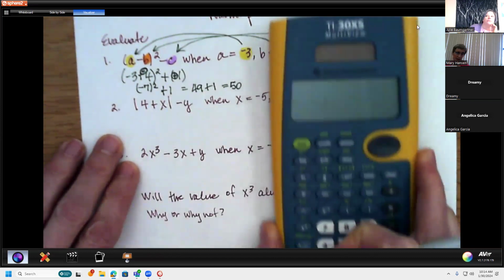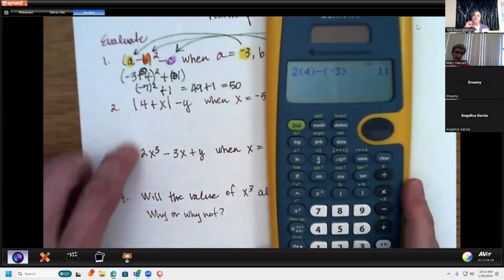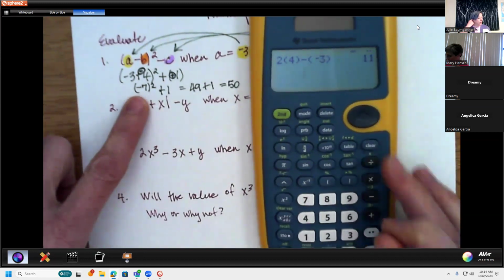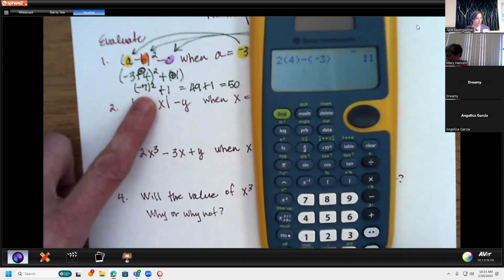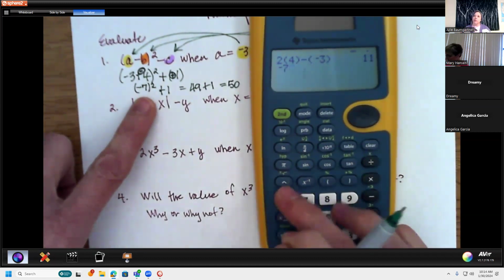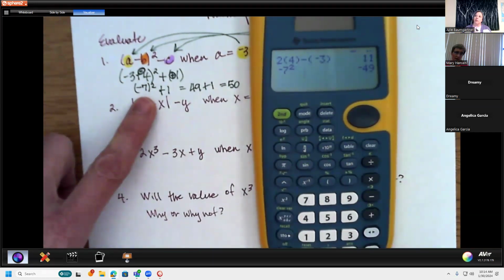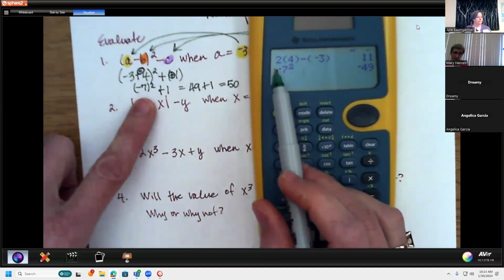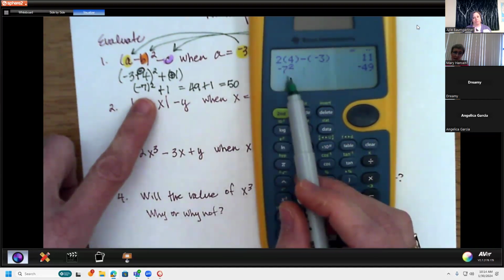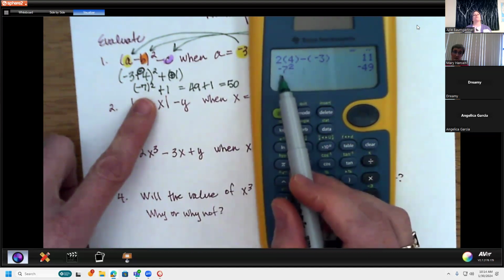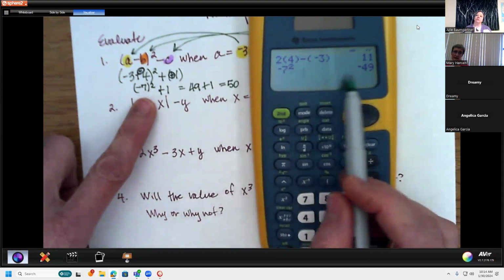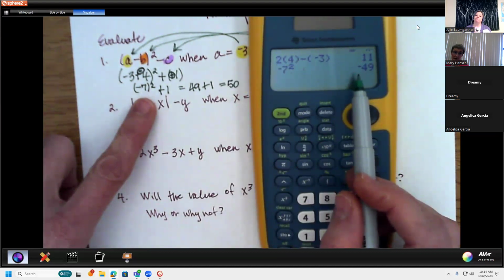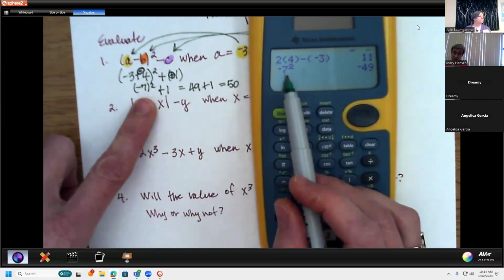Okay. Another important skill: if you did the square in your calculator and you put -7 squared, it's going to give you -49. The reason is if you don't put parentheses around that -7, then the only thing it's squaring is the 7, and it's keeping the negative sign out in front, because that's what you've told the calculator to do.